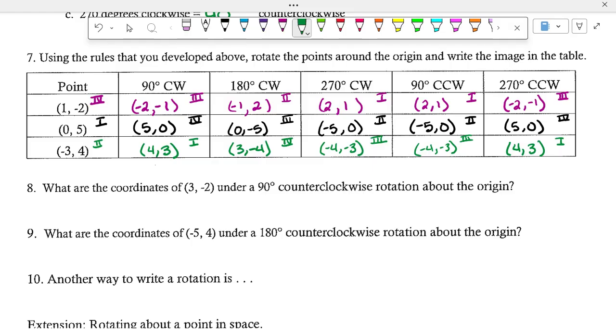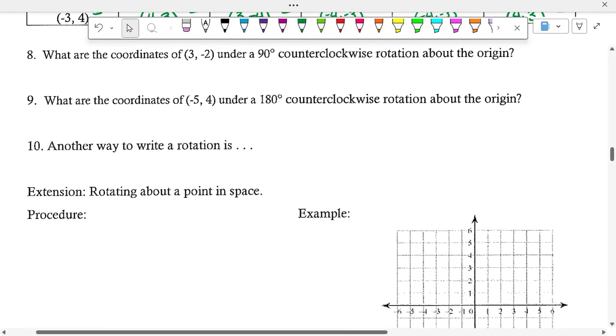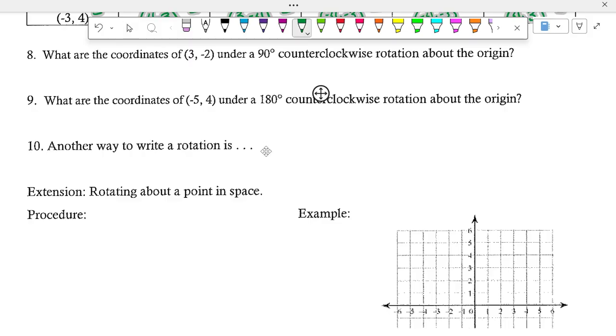All right. Now, the last thing we're going to talk about today, and then I'll call it quits because we're almost out of time. Another way to write a rotation is capital R. If you see a positive 90 degrees, that means counterclockwise.